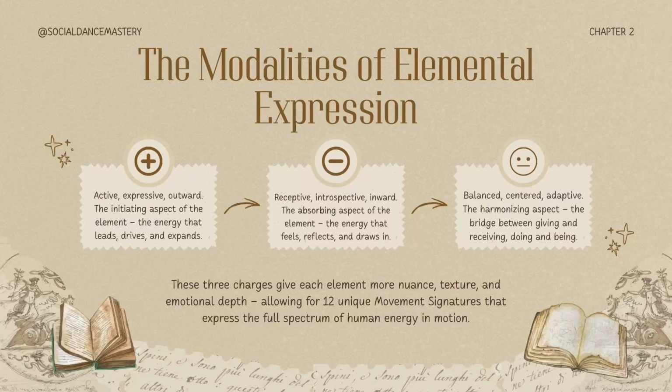So, just to contextualize this, each element, fire, water, air, earth, can be expressed in three energetic modalities: positive, which is the active, expressive, and outward modalities; neutral, which is the balanced, centered, and adaptive modalities; and negative, which is the receptive, introspective, and inward modalities.